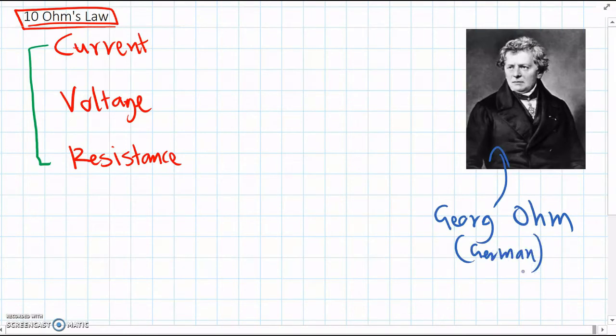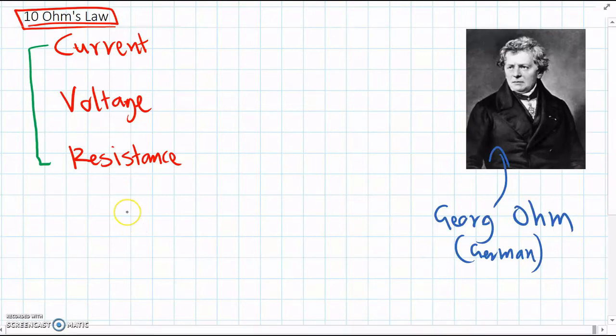He lived in the 1800s, and he was experimenting with different types of circuits, and he discovered that actually current, voltage, and resistance, they're related so closely that he could write an equation to show how one affects the other.